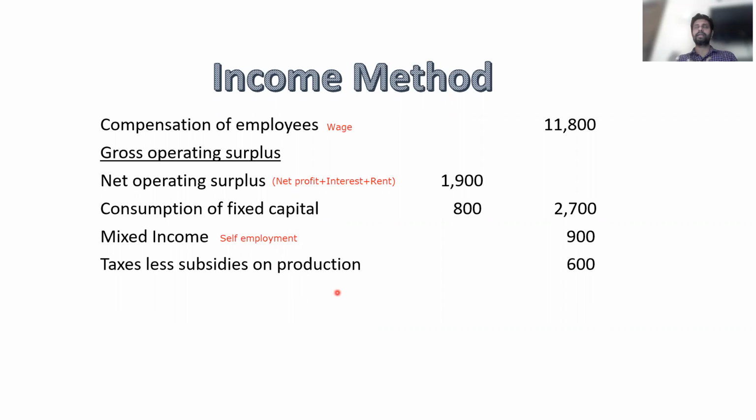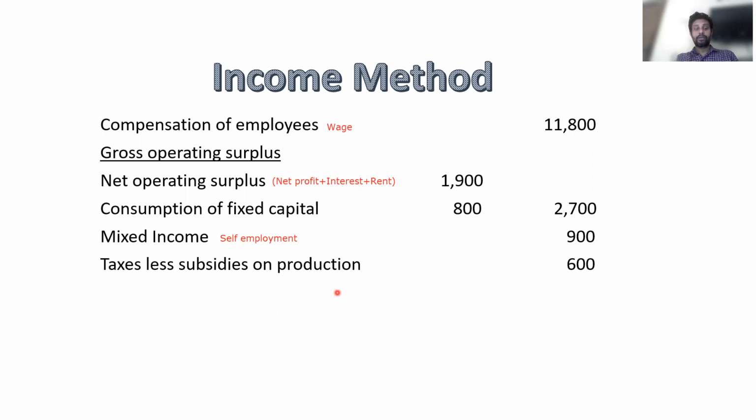When the production exists, for the production process, there are some taxes, not for goods and services. This is a tax for the production. This may include a variety of charges, sometimes license or certificate, this and that.